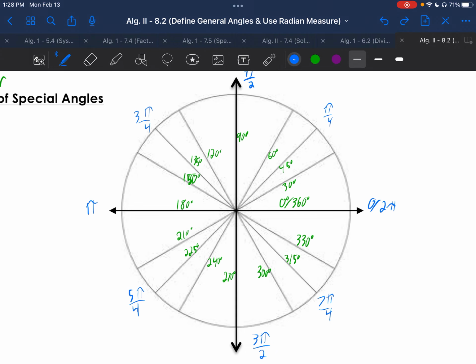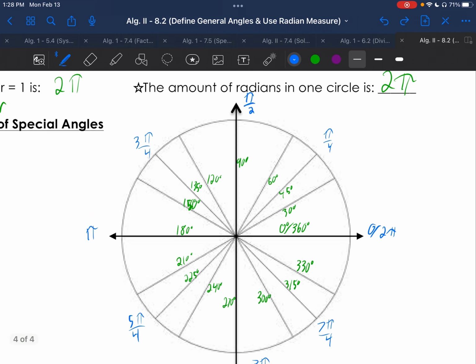And then filling in our other ones, there are 1, 2, 3, 4, 5, 6 of these, and they're all 30 degrees apart, the same distance apart. Between 0 and pi, that means pi is cut into 6.